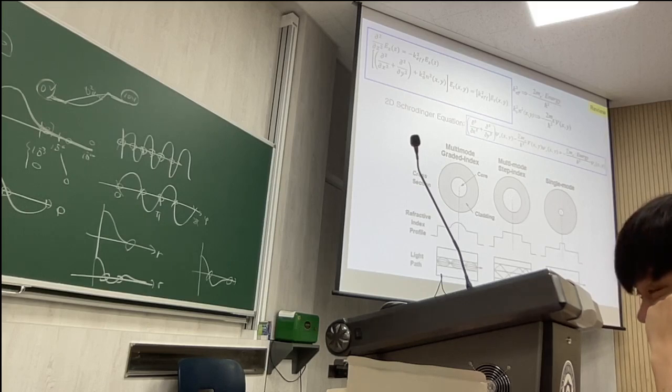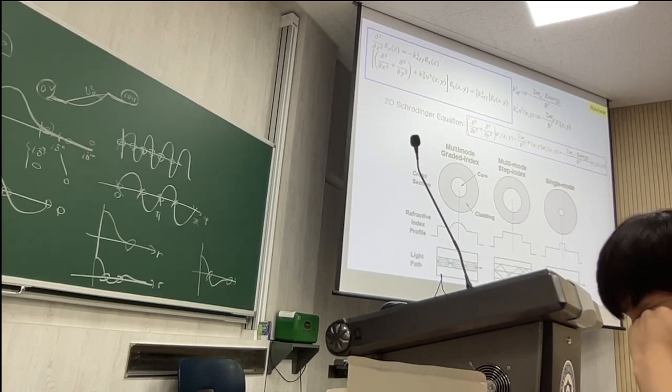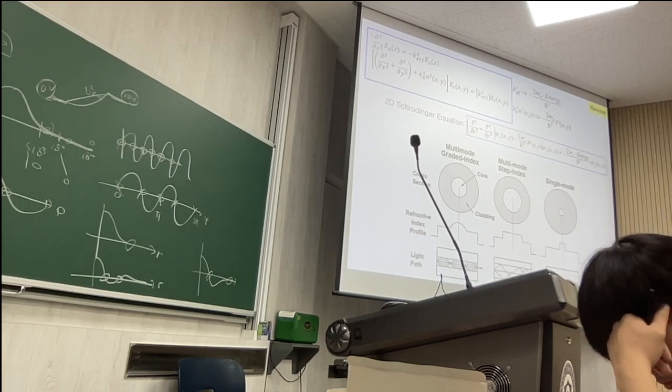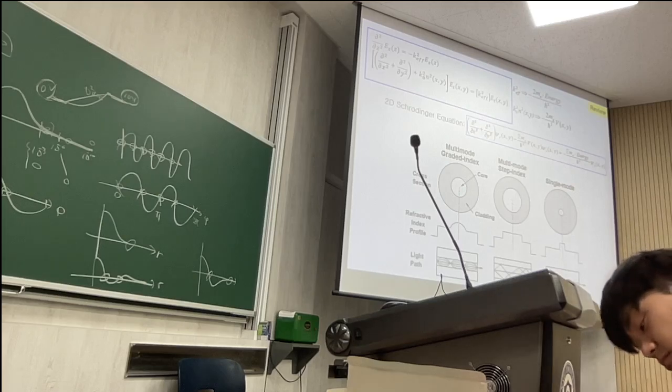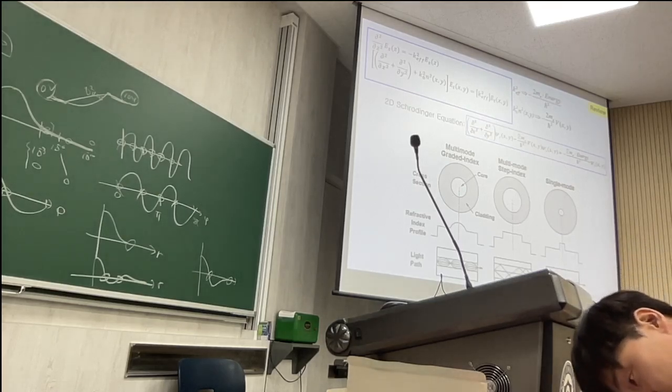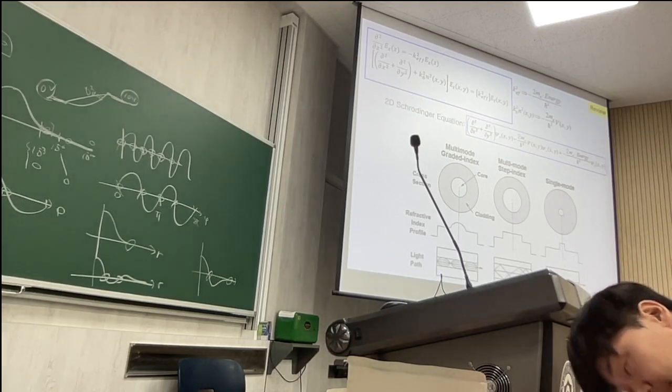So let's write this total A times exponential I omega T plus B times exponential minus I omega T. And this is C times exponential minus I K effective times Z plus C times exponential I K effective times Z plus B times like this.